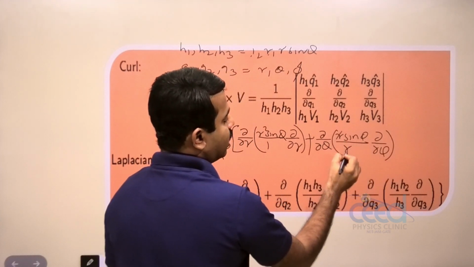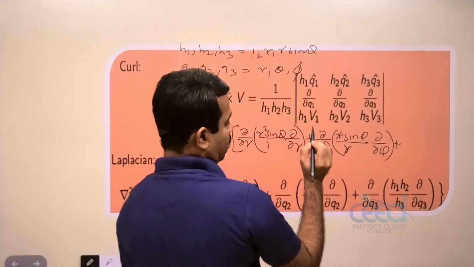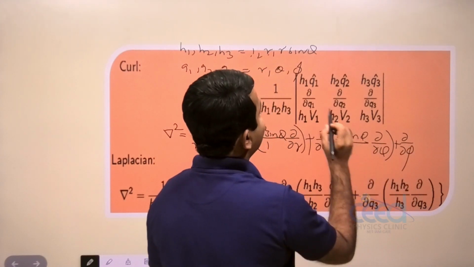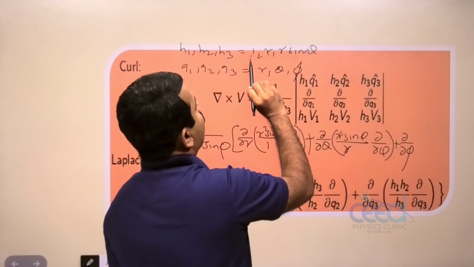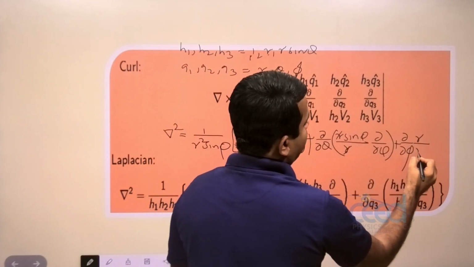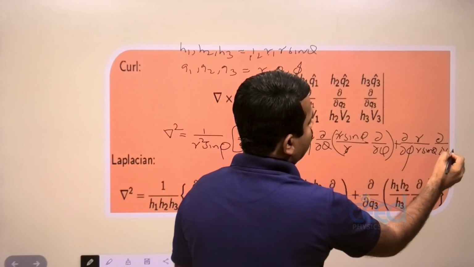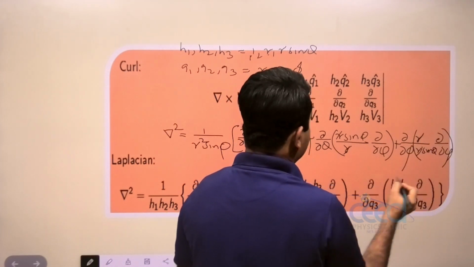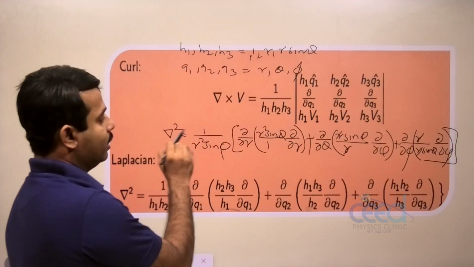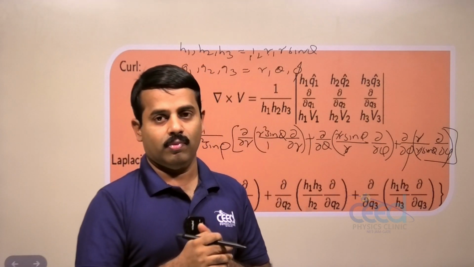You can cancel this R and R. Plus again dou by dou phi of H1 H2 by H3, that is 1 into R divided by R sin theta, into dou by dou phi. This R you can cancel. This is the representation of the del square operator in the spherical polar coordinate system.